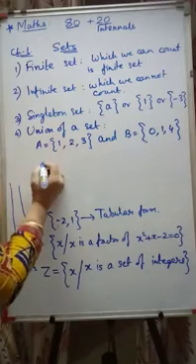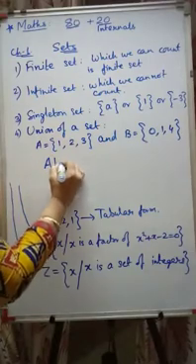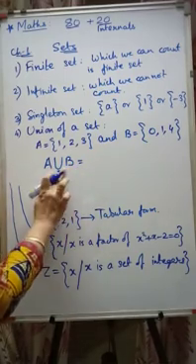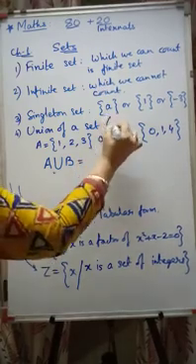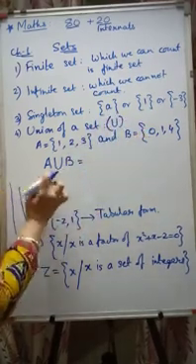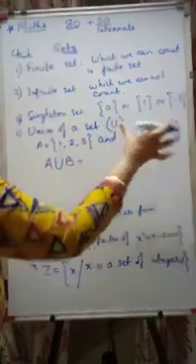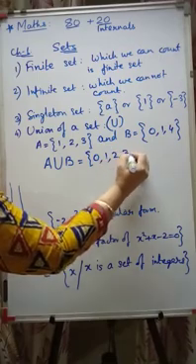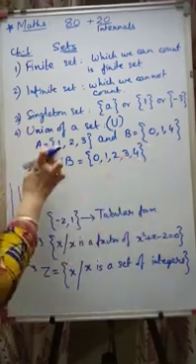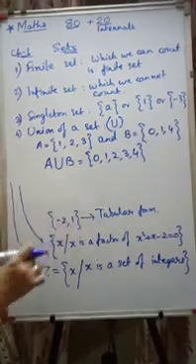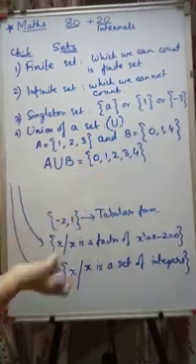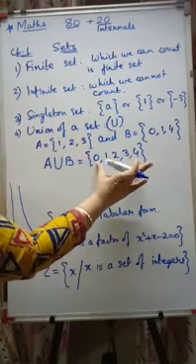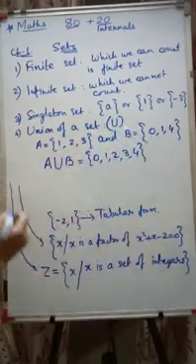Union is denoted by A union B, and this is the sign for union, U. So what is A union B? You have to write all the elements: 0, 1, 2, 3 and 4. You must have seen 1 appears two times, still I have written it one time. You don't have to repeat an element. You write all the elements, and the one which repeats you write only one time.